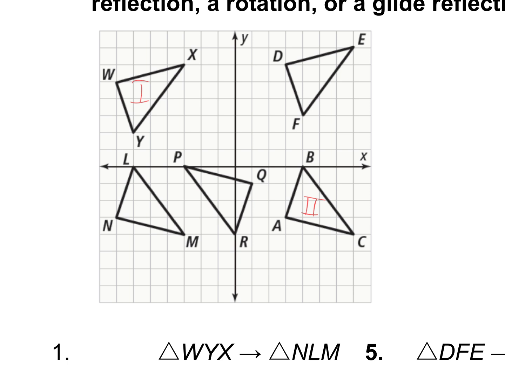If I did 180 degrees, it would end up somewhere over here. Is that true? Let's do this. The coordinates for Y are negative 6, 2. What would the coordinates be for 180? 6, negative 2. So I would go here, negative 2. Is that where it ended up? No. So it cannot be a rotation.